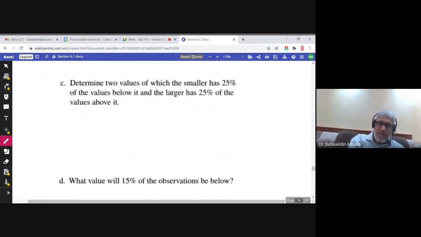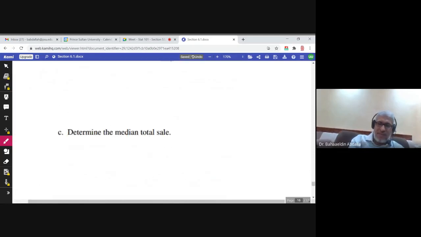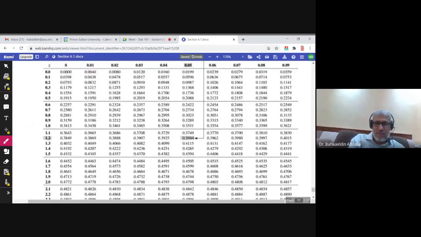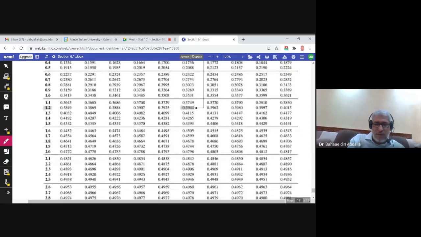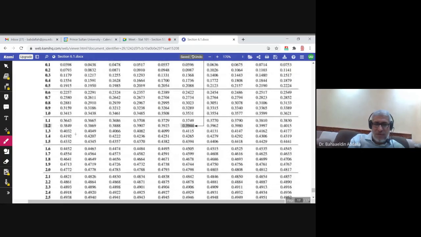So if you go to the table and search inside the table for 0.4, here I have 0.38, 0.40, so it is in this row, 0.4. 0.3962, the area is increasing, 0.3980, 0.3997, 0.4015.